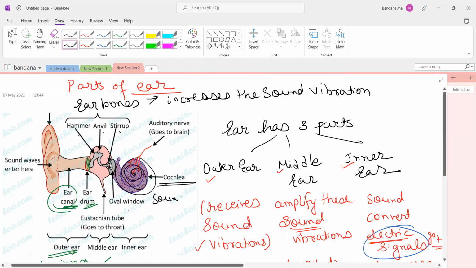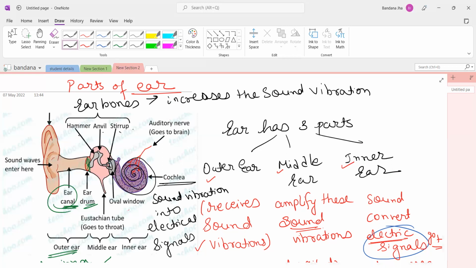You can write it here. It converts the sound vibrations into electrical signals.